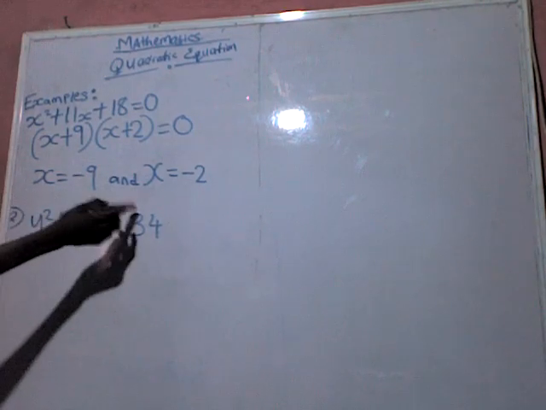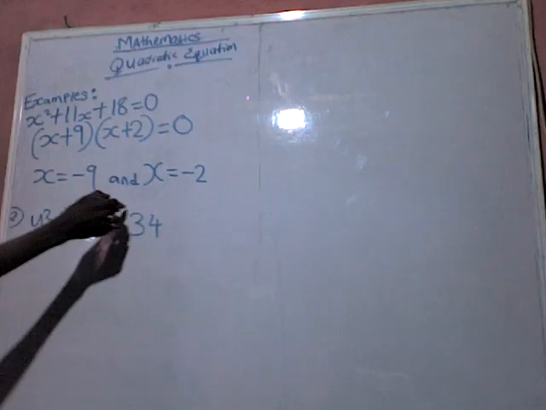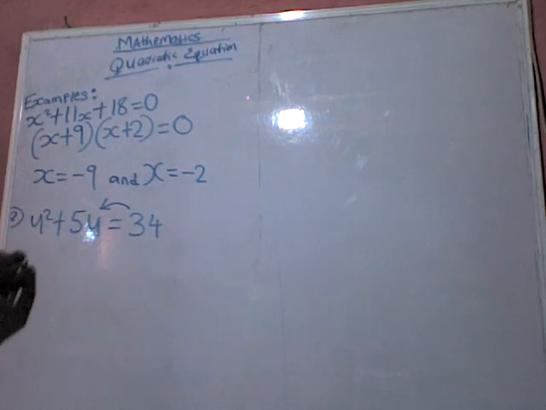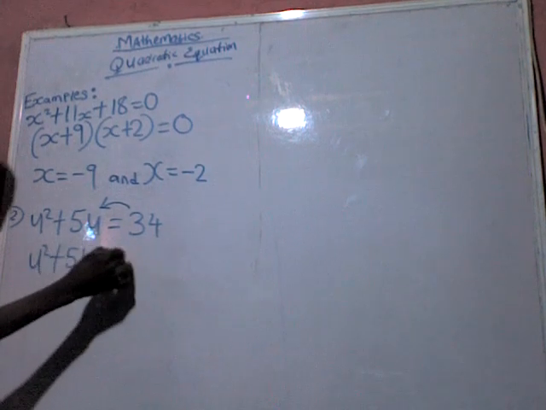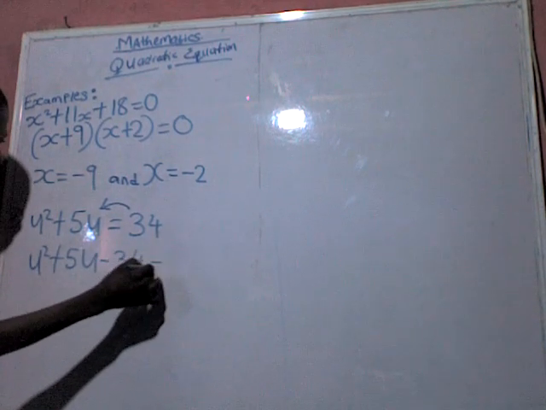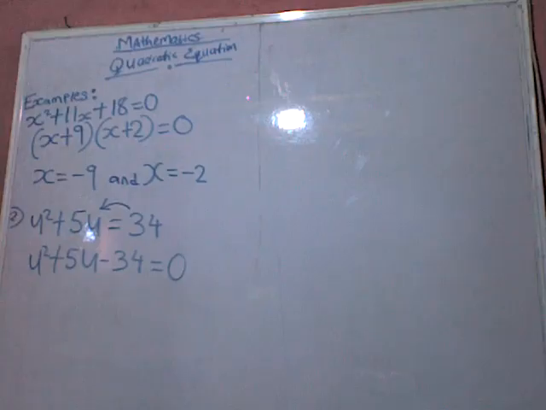So what we need to do is bring this 34 right here. Then we have u squared plus 5u minus 34 equals 0. So now we have our normal quadratic equation.